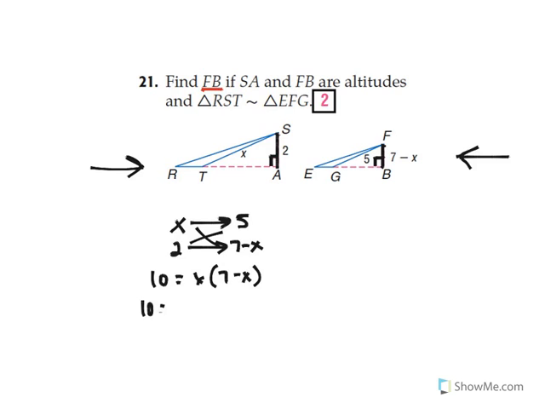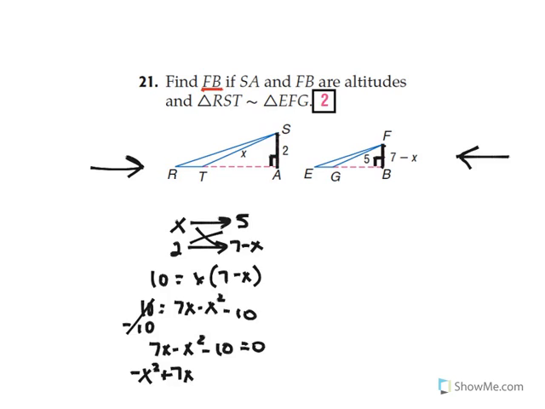We get 10 equals 7x minus x squared. I see that this is a quadratic. I'm going to get this 10 to the other side. We get 7x minus x squared minus 10 equals 0. I need this x squared to be in the front because I need this to be in standard form.